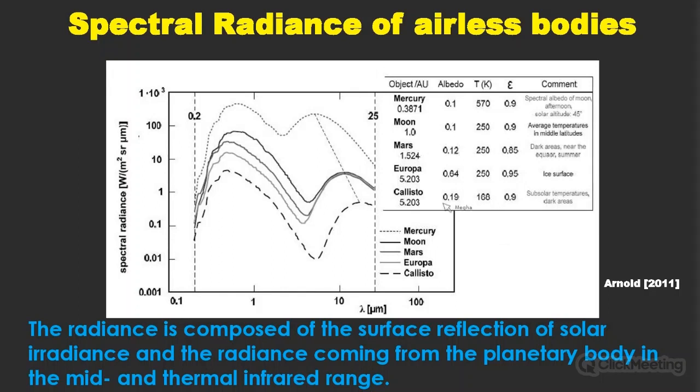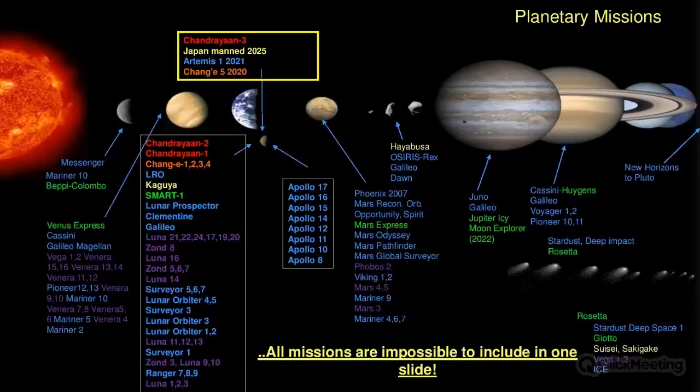So these were some of the initial measurements which could give us information about the albedo of the planet as well as the temperature of the surface of the planetary body.